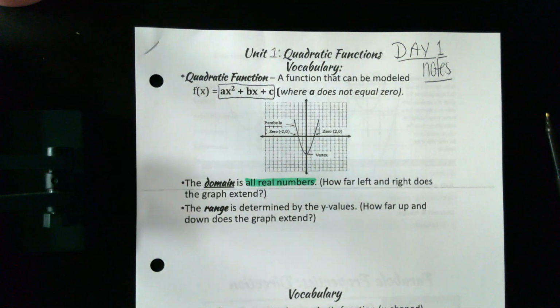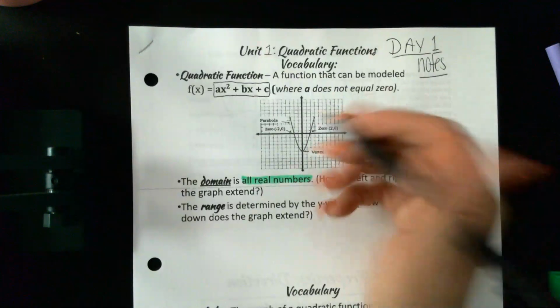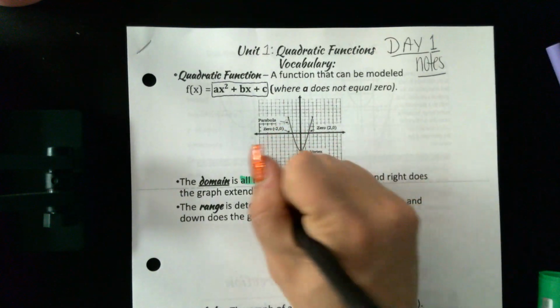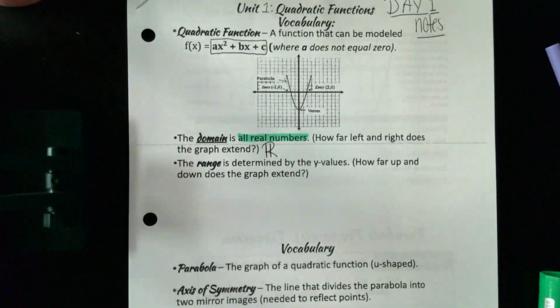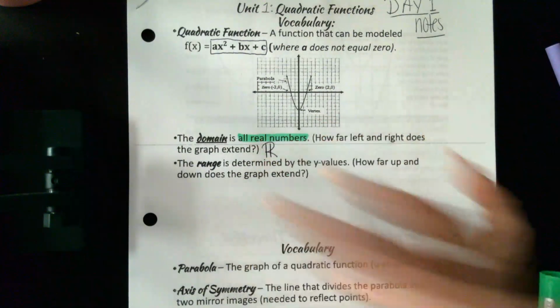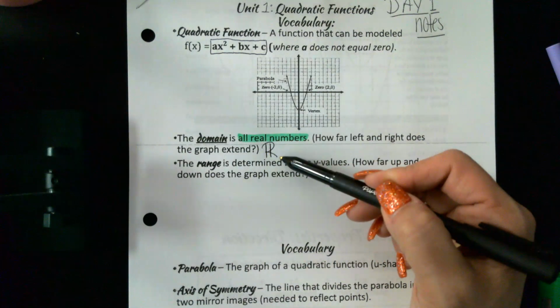Okay, now you know, I don't like to write all real numbers out. So there are two things you can do. You can make that fancy capital R. It's really just a capital R with a second line through it. This symbol means all real numbers.